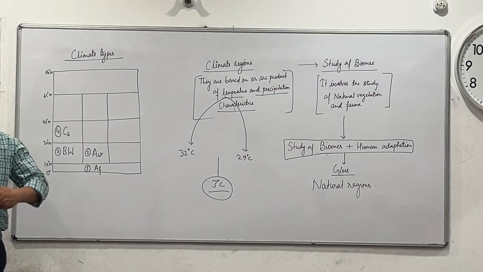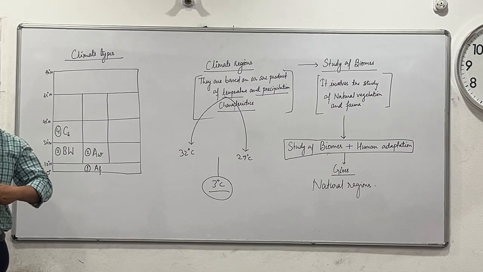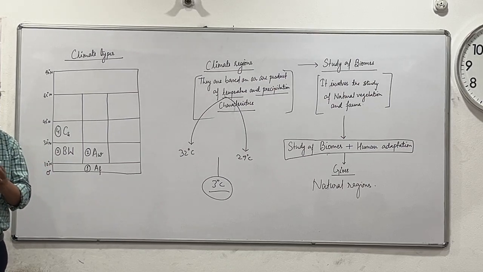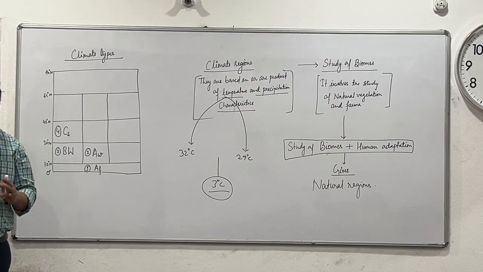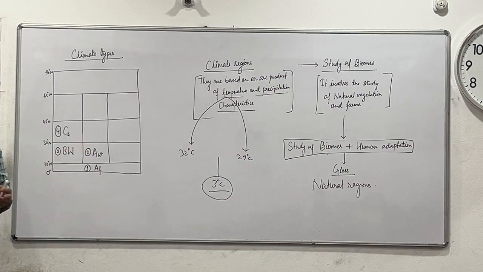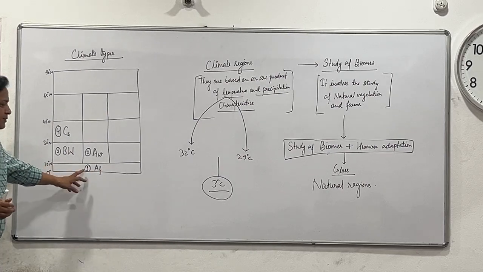That is why we have maximum diversification of gene characteristics and a variety of life forms. So the marine environment has the most diverse forms of life in comparison to the terrestrial environment, that means your land area. But over the land, the highest biodiversity is found in this particular belt.